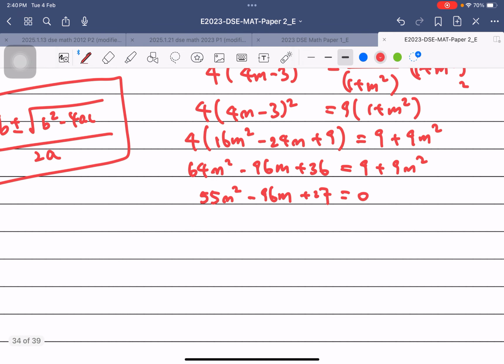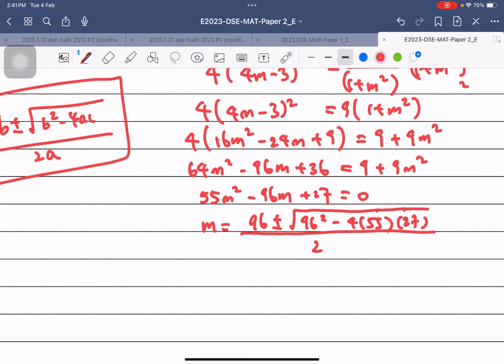Okay? So m is equal to negative of negative 96, giving you positive 96, plus or minus the square root of 96 squared minus 4ac, and then you divide by 2a.